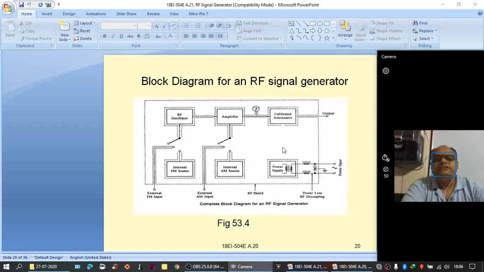The entire unit is shielded. The purpose is to make sure that the output provided by the RF signal generator is of known amplitude and known frequency, and it is not affected by external electromagnetic radiation or external radio frequency interference.